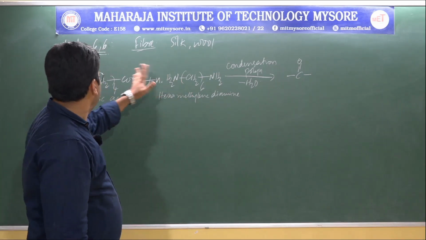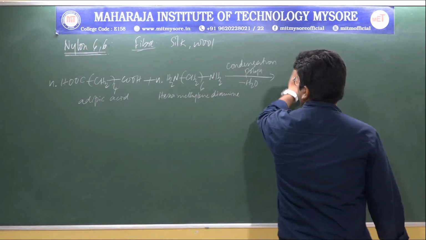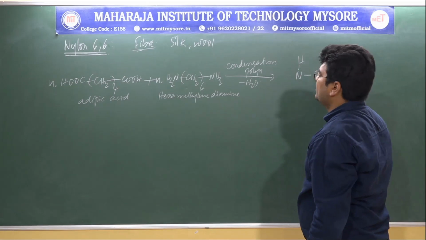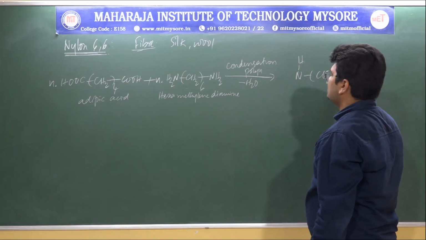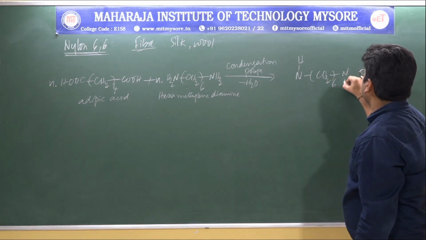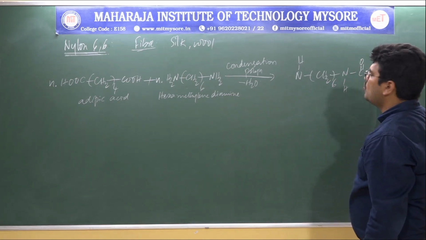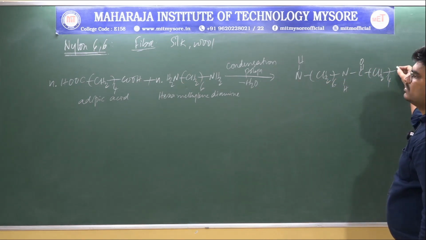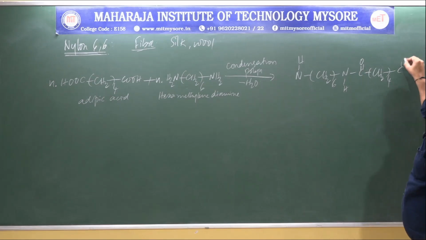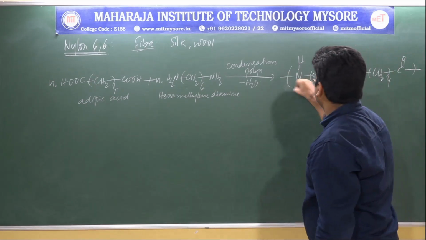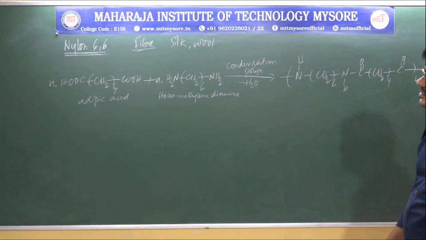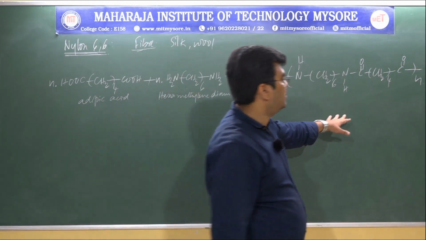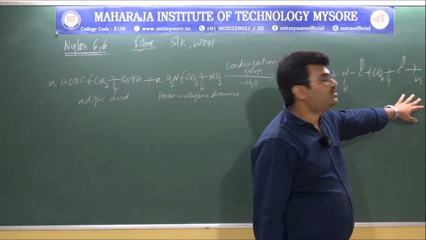Let's write the structure: NH-(CH2)6-NH-C=O-(CH2)4-C=O, repeated n times. In this way the polymeric structure is going to form.